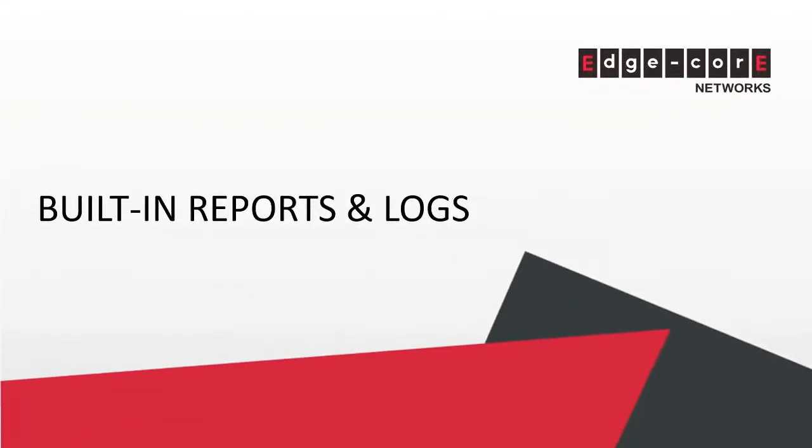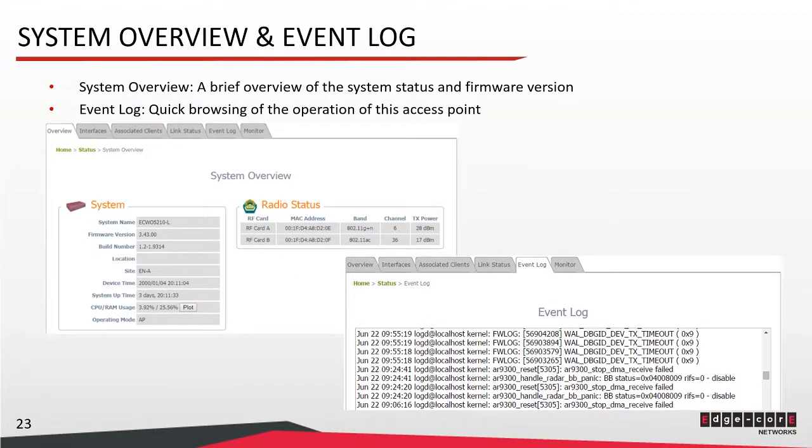Now let's take a look at the reports and logs that are available on the AP. If you go to the AP's web management interface, and go to system overview, you'll be able to quickly know how the system is doing and see some critical information. For example, its firmware version and build number, as well as how long the device has been running, which is the device uptime.